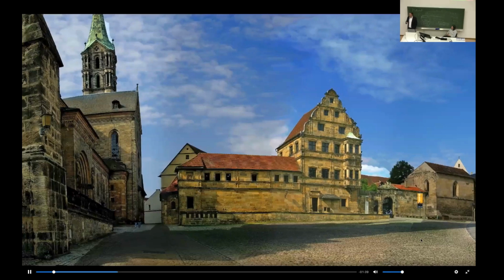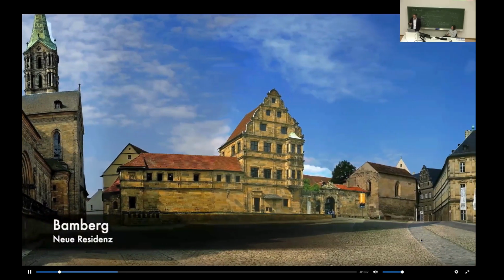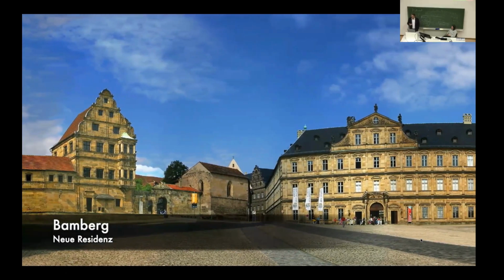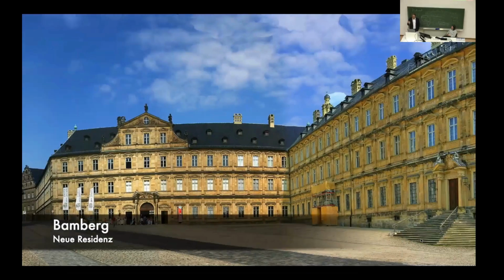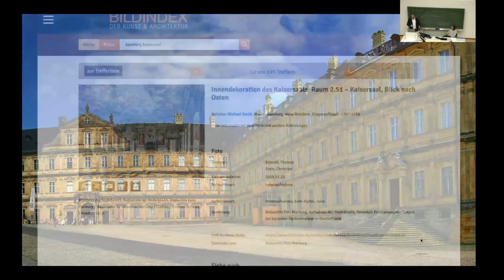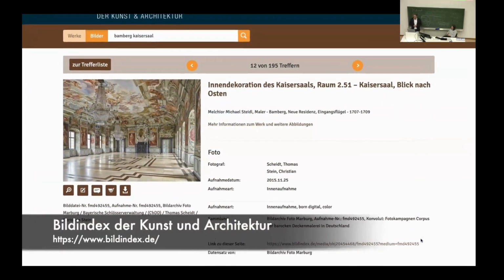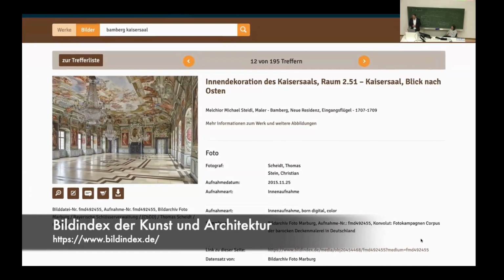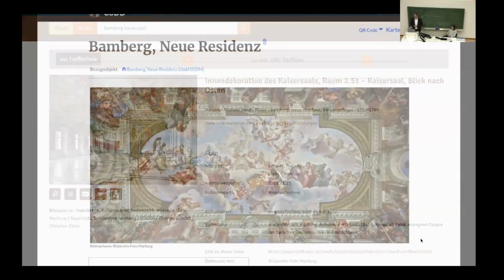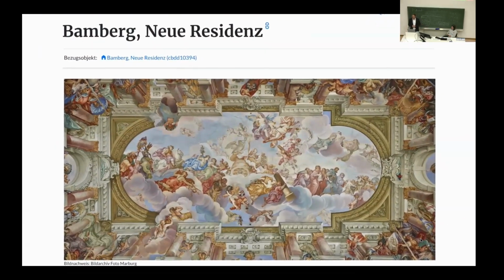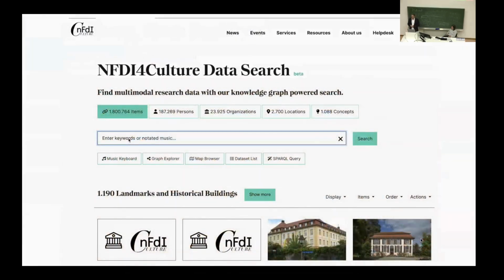So that's an impression of how that whole multimodal data exploration and retrieval works on top of a knowledge graph. Here we start in Bamberg. And Bamberg is a very important residence. It has huge, very nice Baroque ceiling paintings there in the residence. And the data for those Baroque ceiling paintings is in an academies project, and at the same time, it's also in an aggregator.